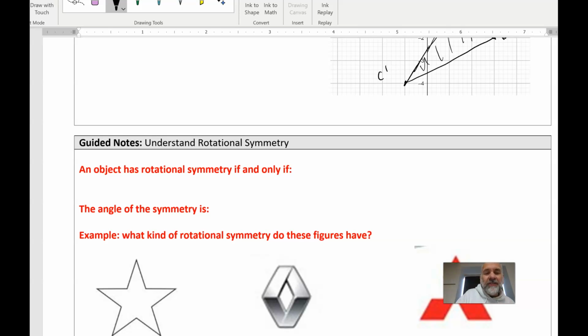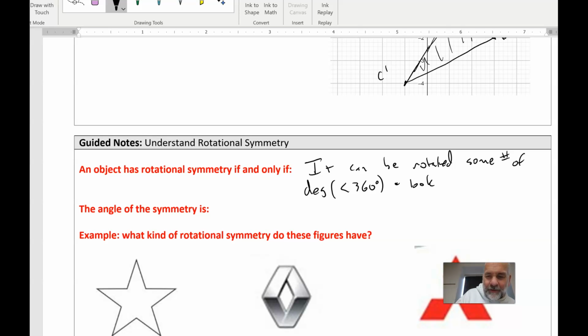An object has rotational symmetry if and only if it can be rotated some number of degrees, and technically I have to say less than 360 degrees, and look identical. I mean identical, completely identical.